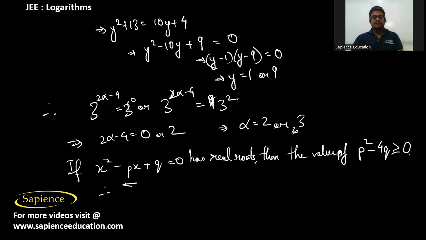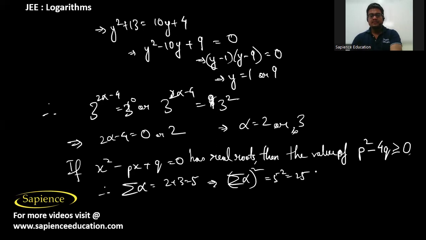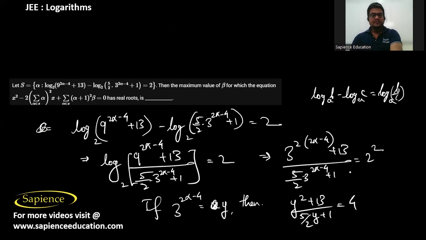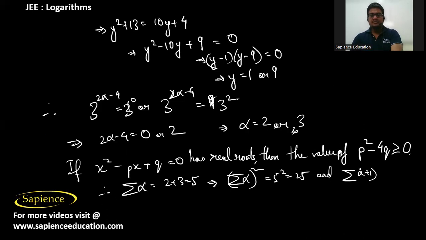So now summation alpha will be 2 plus 3, that is equal to 5. So summation alpha whole square will be 5 square, that is equal to 25. And summation of alpha plus 1 whole square will be 2 plus 1 whole square plus 3 plus 1 whole square.